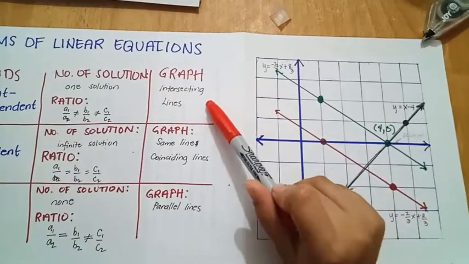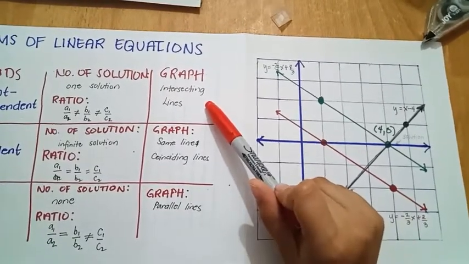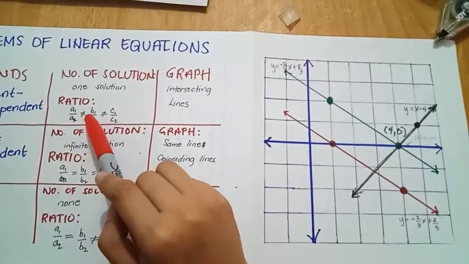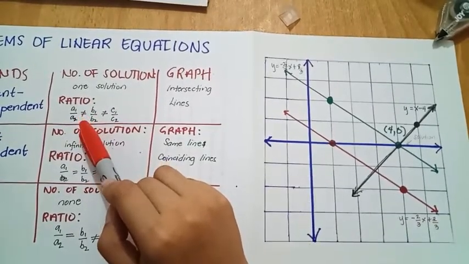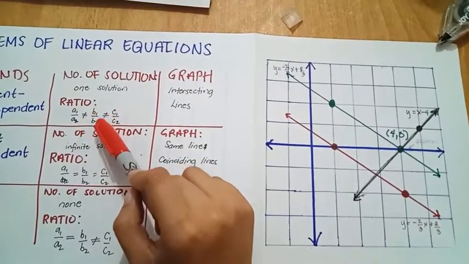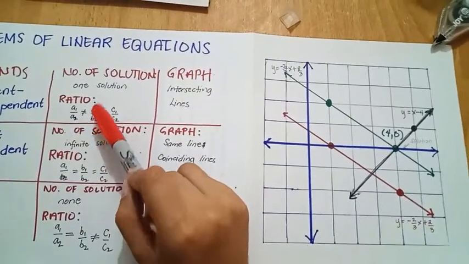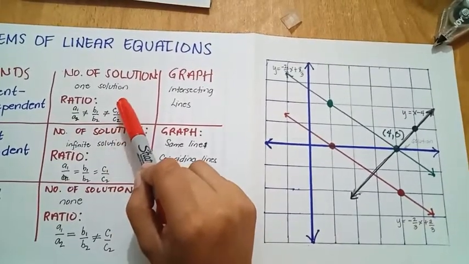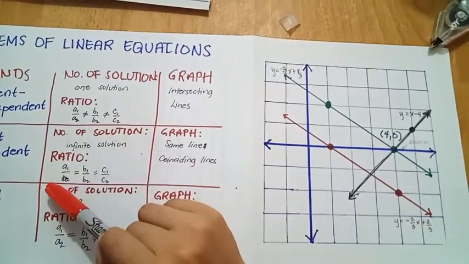Intersecting line ng kanilang graph, and the ratio of their numericals will be a sub 1 over a sub 2, or the numericals of x is not equal to b sub 1 over b sub 2, which is the numericals of y, and not equal to the ratio of their constants.